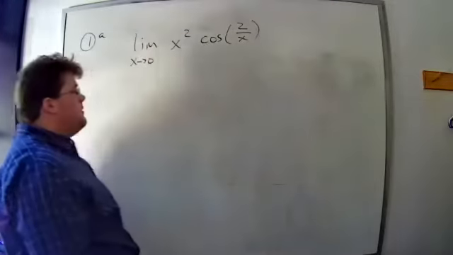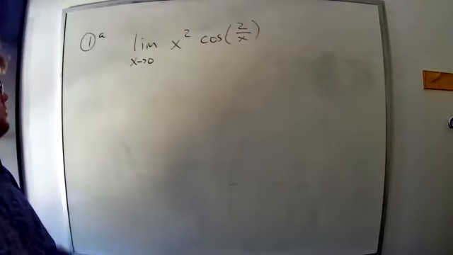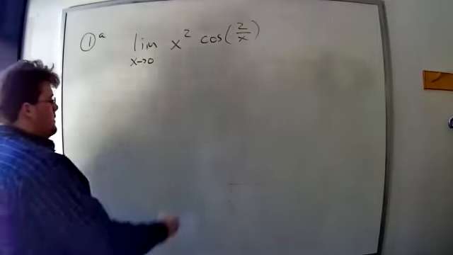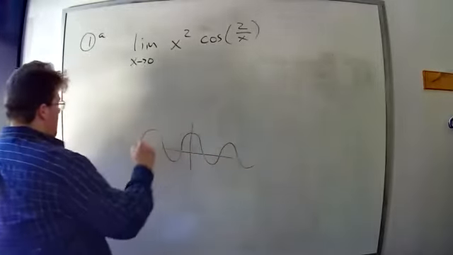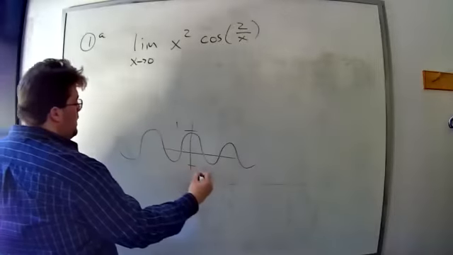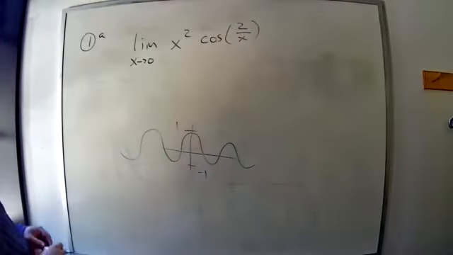But what we can do is recall our observation on cosine. Because cosine of anything, remember, is between 1 and -1.